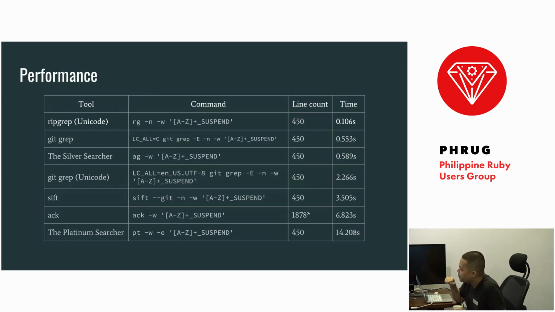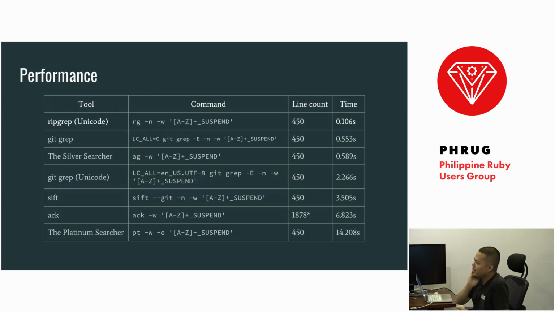This is the number of lines matched, and actually, the app is misbehaving in that it's matching a lot more lines than it should, so there's a bug there. And then these are a lot of the other tools that you can use.